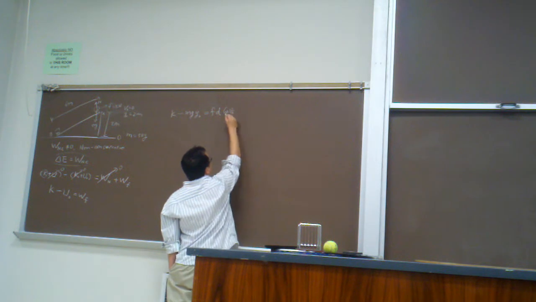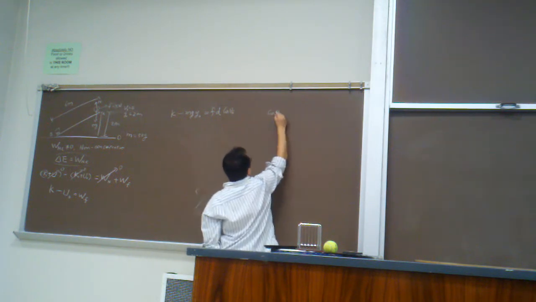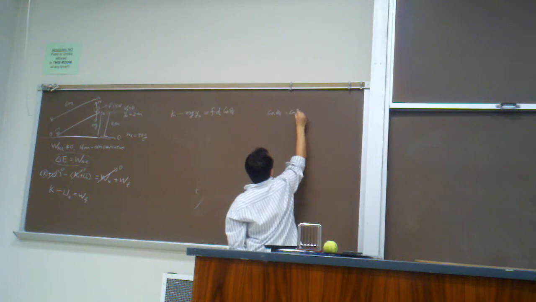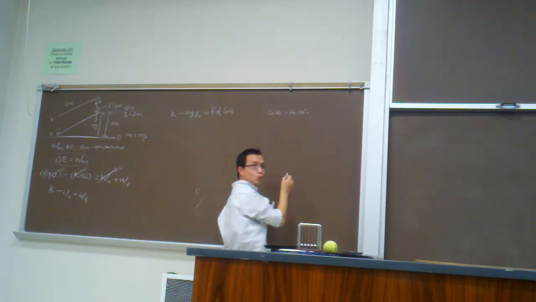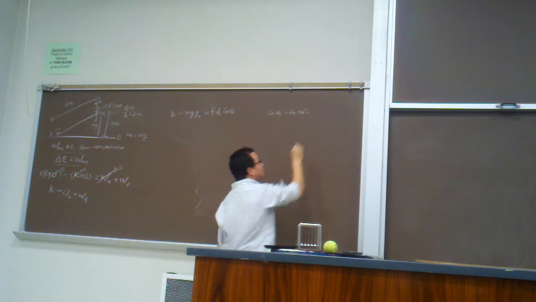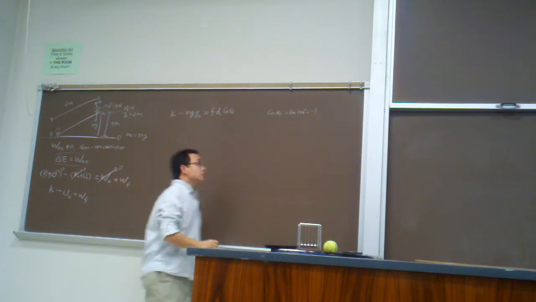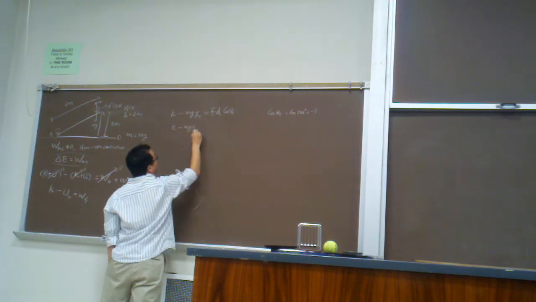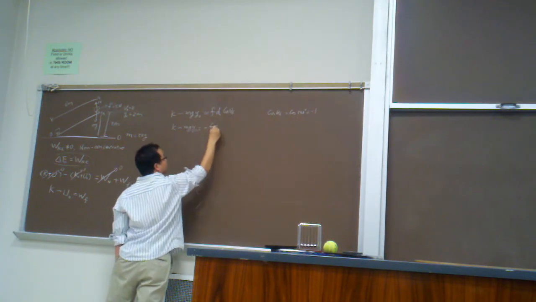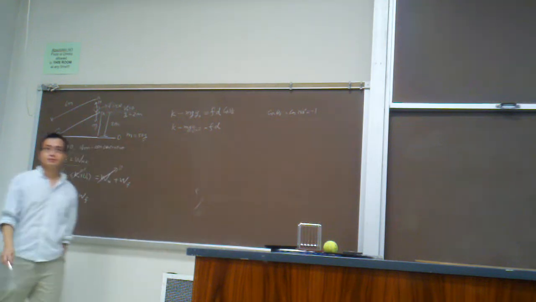So the cosine of theta F equals cosine 180, which equals what? 1 or negative 1? Negative 1. So this equation is actually K minus m g y initial equals negative F d.